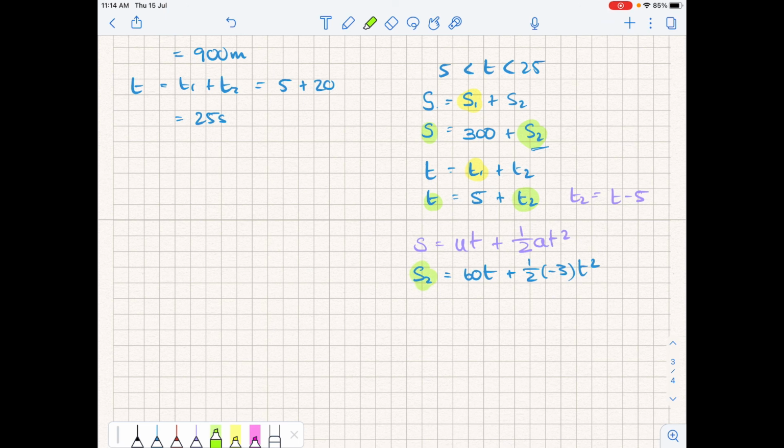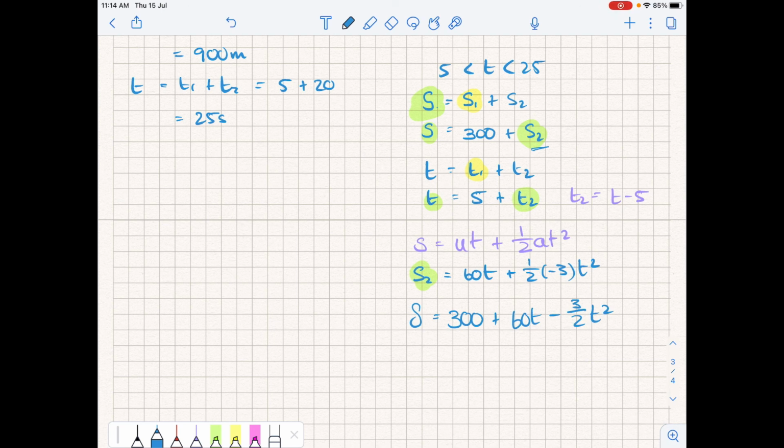Displacement for the second stage. So the displacement for the total graph, all right, this is the total displacement over here, is equal to 300 plus what we just worked out. So this is plus 60t minus 3 over 2 t squared.